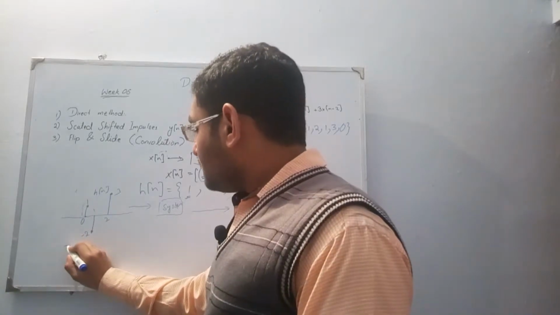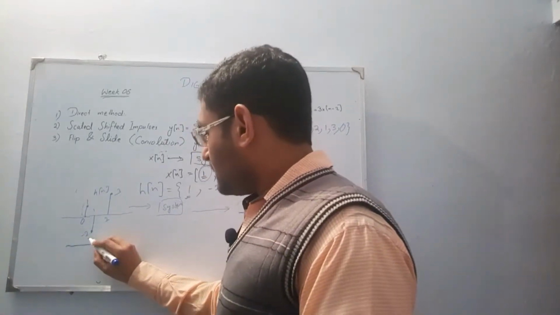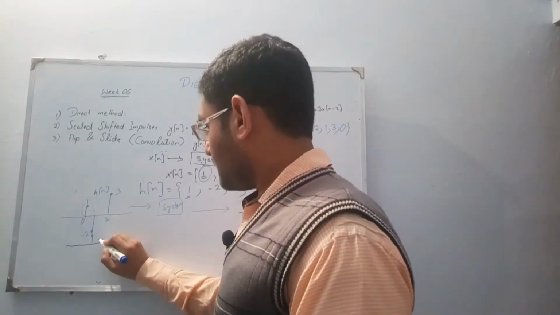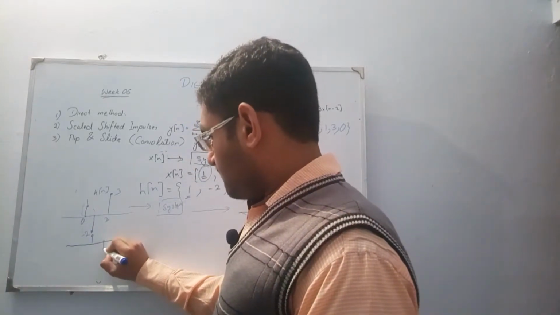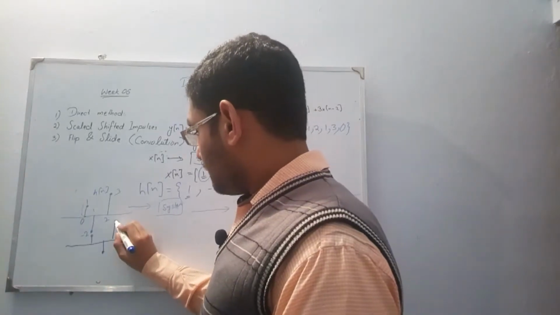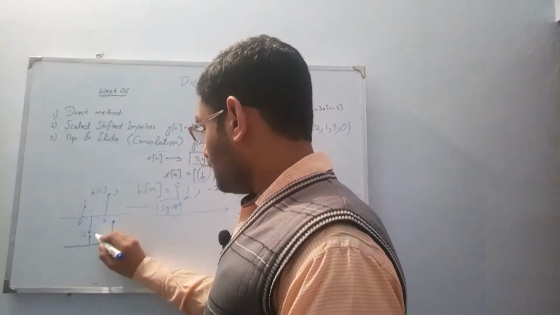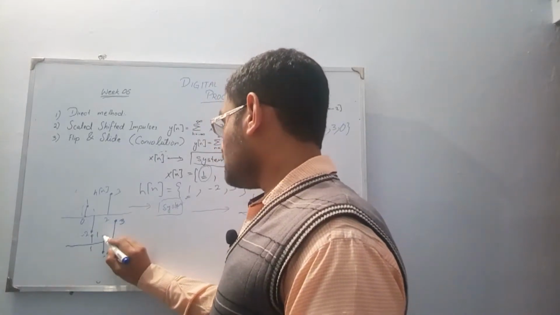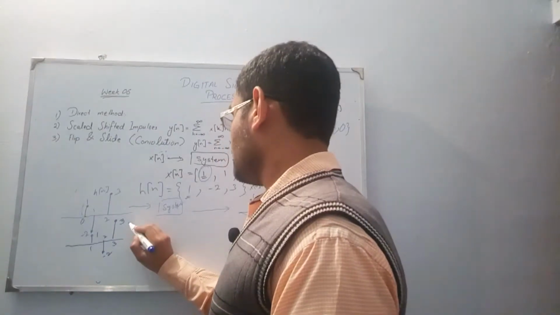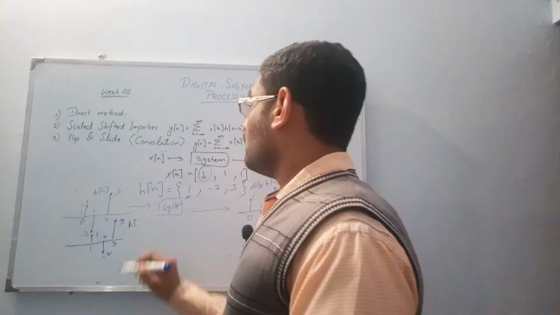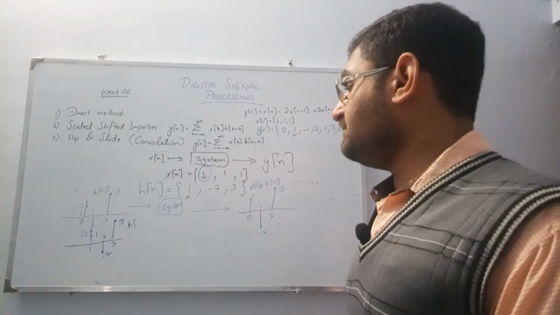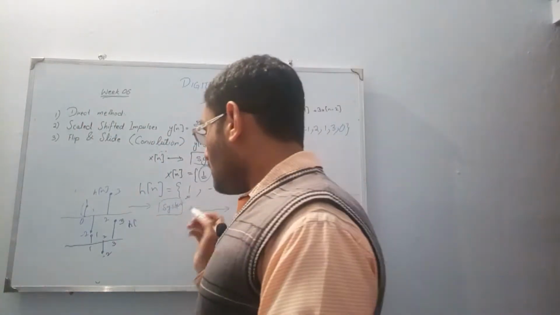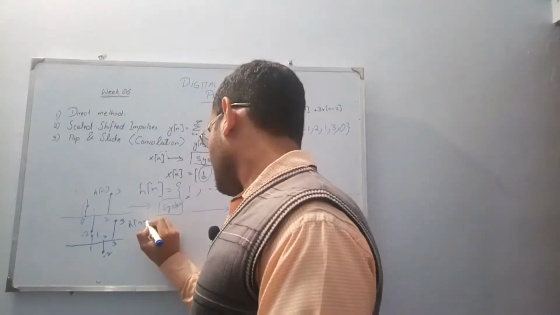Now the next one: 1, minus 2, 3, here is 1, 2, 3. Shift this signal. What is the name of the method? Scaled shifted impulses. So I am going to shift it.